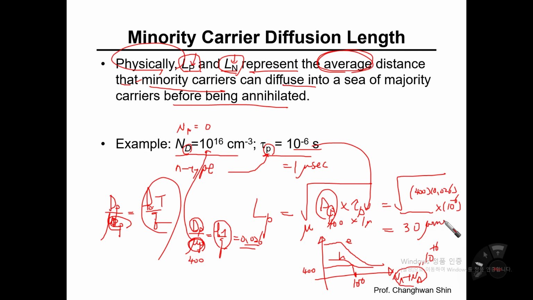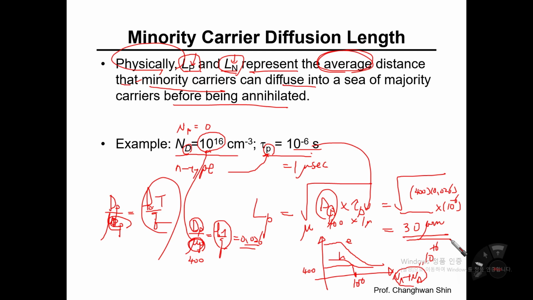Okay, so you should get some hands-on numbers. The doping concentration in n-type silicon is 10 to the 16, and the minority carrier lifetime is 1 microsecond, which is very usual and typical in silicon material. Then the diffusion length is 30 microns, a few tens of micrometers.